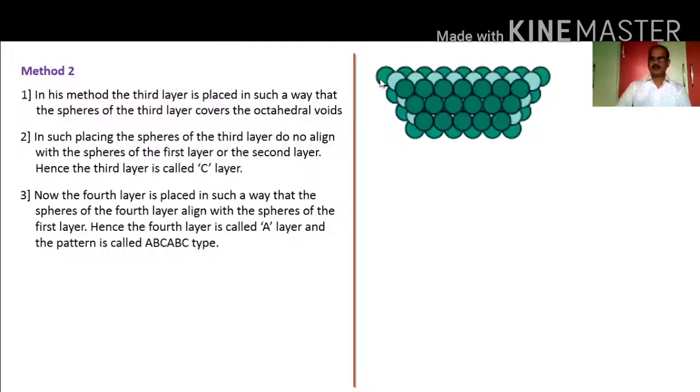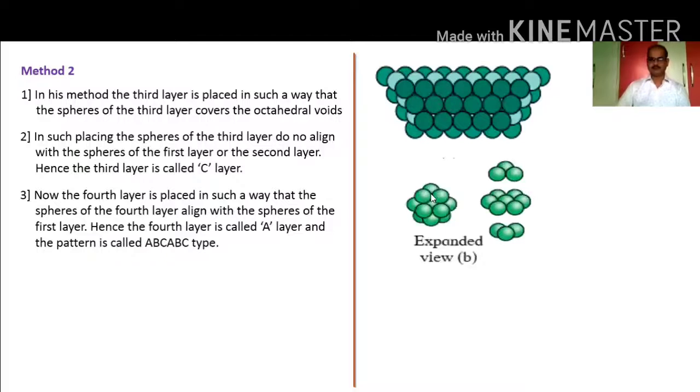How does this look like? See the first layer, see the second layer, and see the third layer. They are not at all identical. Now let us see the expanded view. So this arrangement becomes more clear. See this part. This is A layer. This is B layer. You can see A and B layer are different. This is C layer. See the C layer and A layer. They are also different.